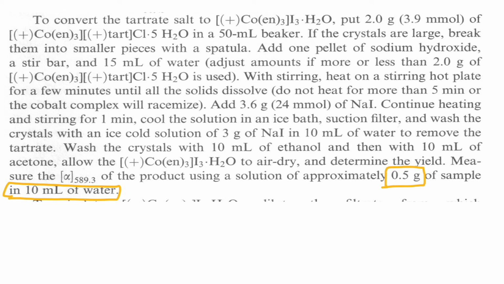If the measurement exceeds the limit of the polarimeter, you can dilute the solution 1 to 1 by taking half the solution and adding half water.